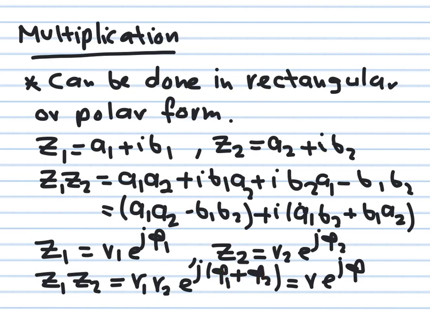These things we do without much thinking, because we just use this in analyzing circuits. So we must be very fluent in this. You have to be extremely fluent in it. So remember, when you multiply two complex numbers, you get another complex number. The modulus of this complex number is the product of the two moduli, and the phase is the sum of the two phases, as evident from this equality here.